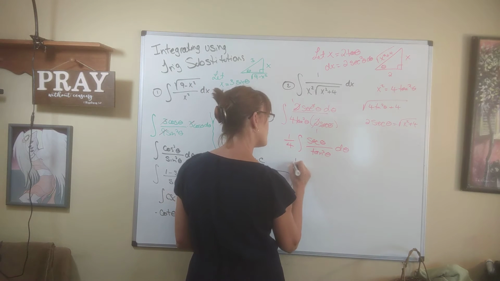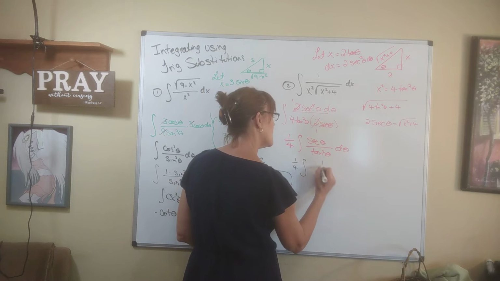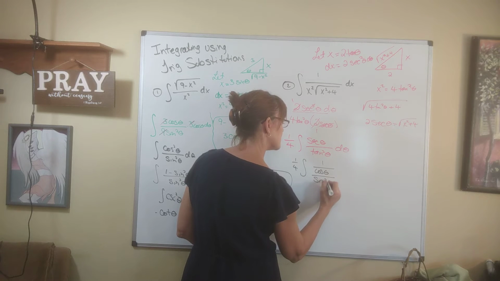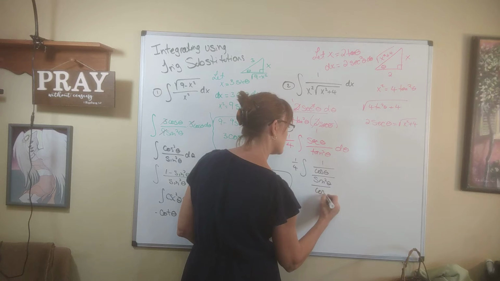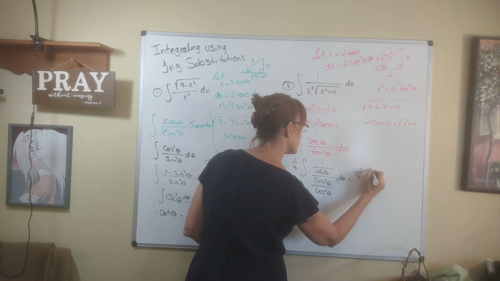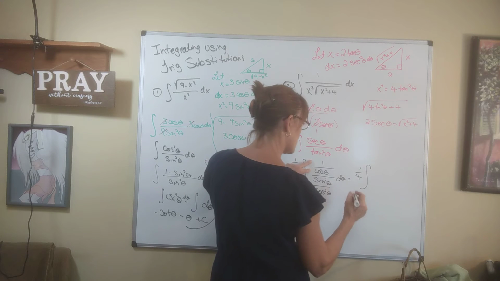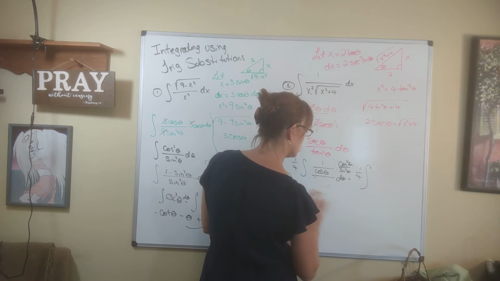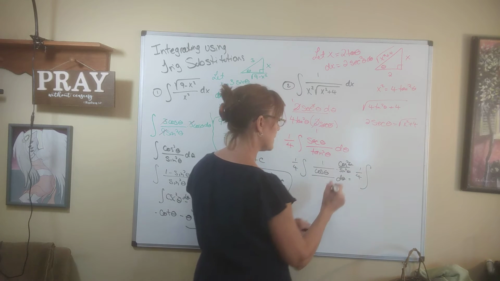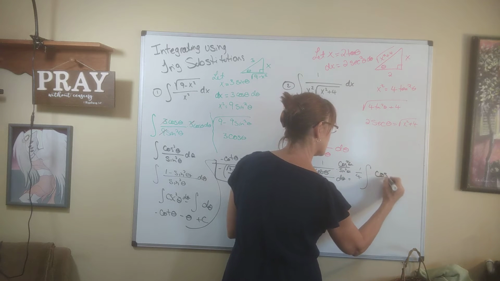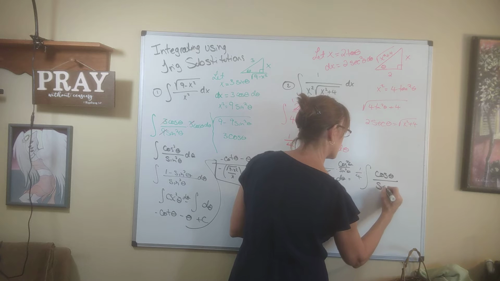This is going to be 1/4, 1 over cosine, sine squared over cosine squared, d theta. Which is 1/4, 1 over cosine times cosine squared over sine squared. Keep, change, flip. That's going to leave me with cosine over sine squared.